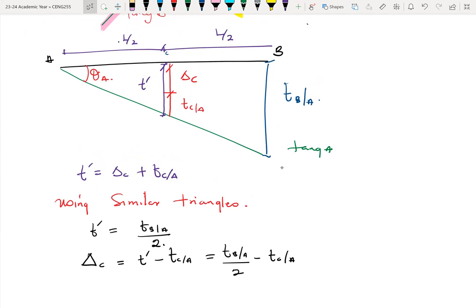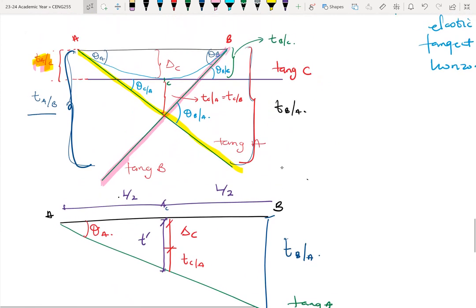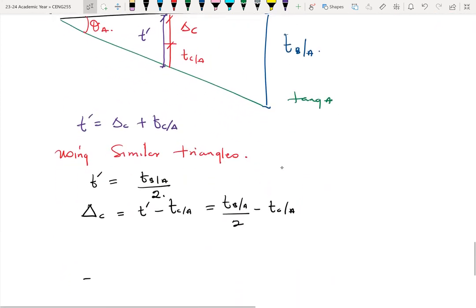Sometimes to make your calculations maybe less tedious, either way doesn't really matter. It's fine. Let me just not say that so that we don't get confused. All right, so we can find these parameters. We can find all of them. And then we can find delta C. Okay.